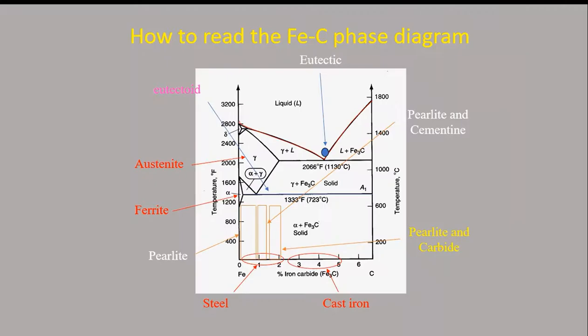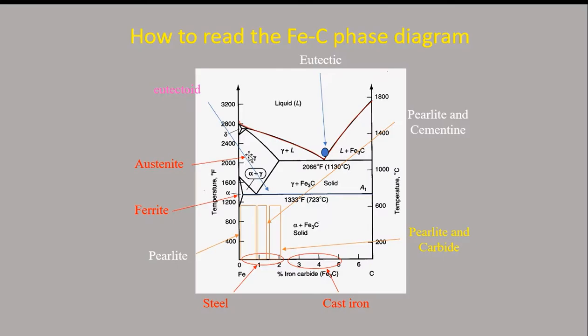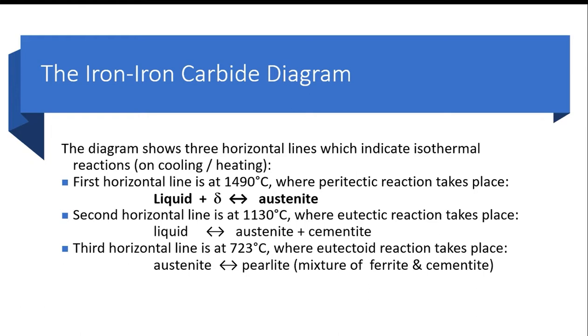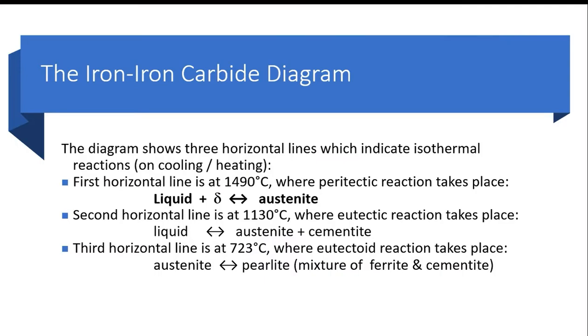That means liquid plus delta converts into austenite, right here, this one. This is Fahrenheit, degree Celsius, you can convert. So at 1490 degrees here, you can see it changes to this gamma, that is the austenite phase.